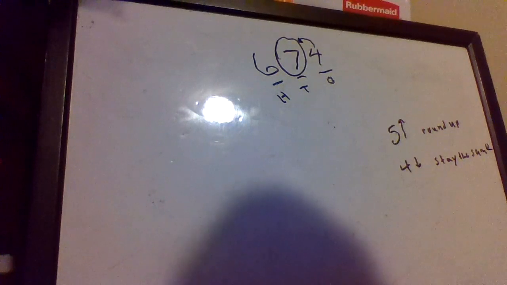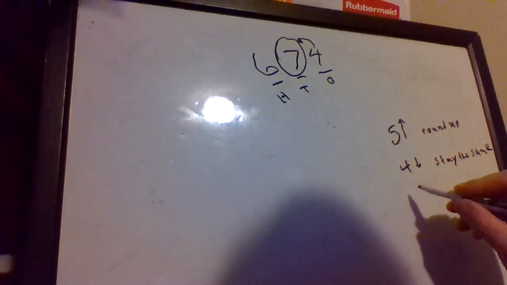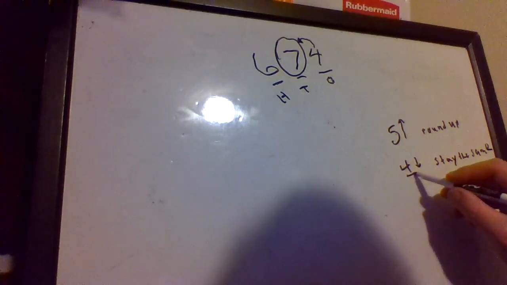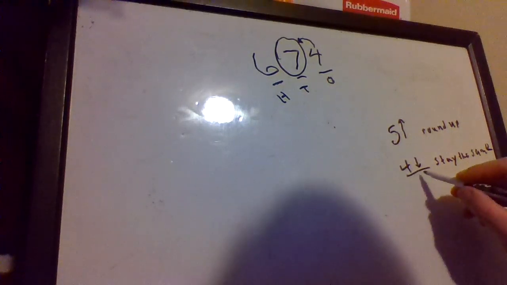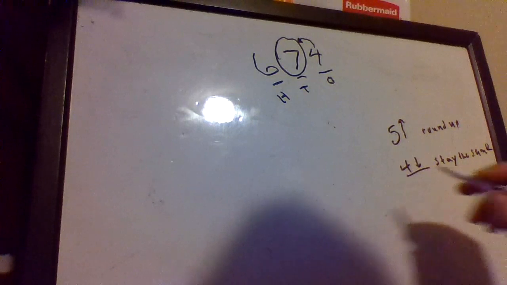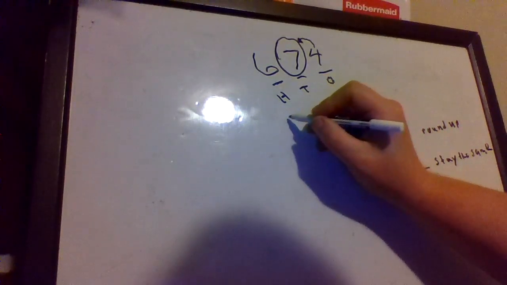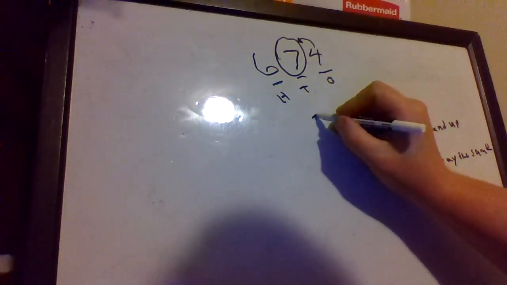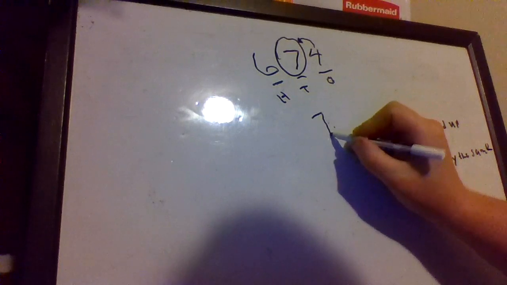The 4 is going to be the helper digit. So is the 4 going to make the 7 round up or stay the same? Right, it's going to stay the same because of this rule right here. 4 or below, stay the same. So since the 7 is going to stay the same, we're going to leave it the same.